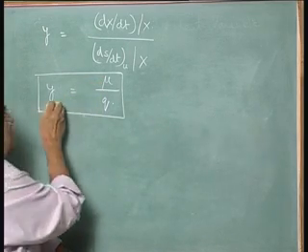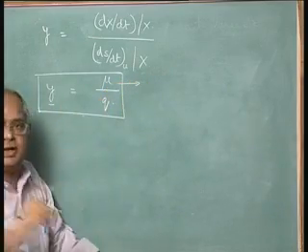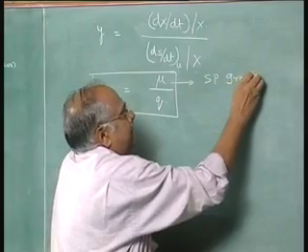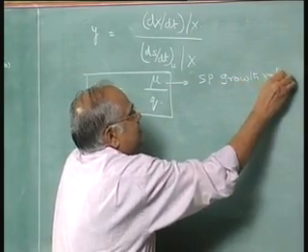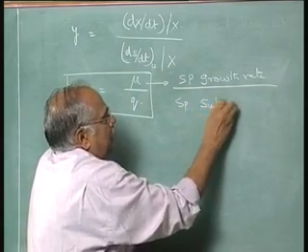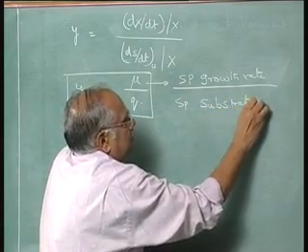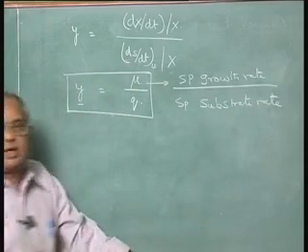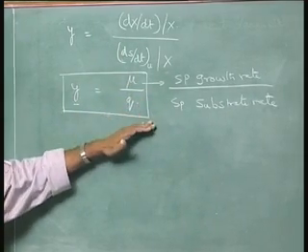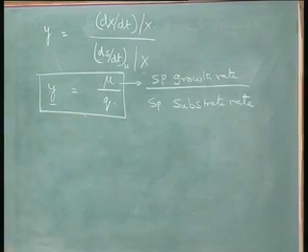In other words, yield coefficient is the ratio of specific growth rate divided by specific substrate utilization rate. This is one relationship which is important. We will be using it quite often.